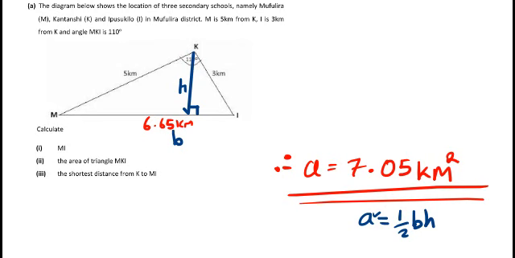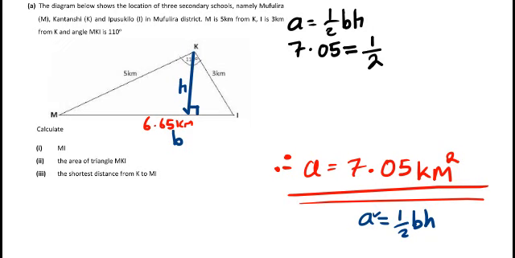So what you just do here, you just say area is equal to 1 over 2 BH. Therefore our area is 7.05 equal to 1 over 2 multiplied by 6.65 multiplied by h, which is this h.